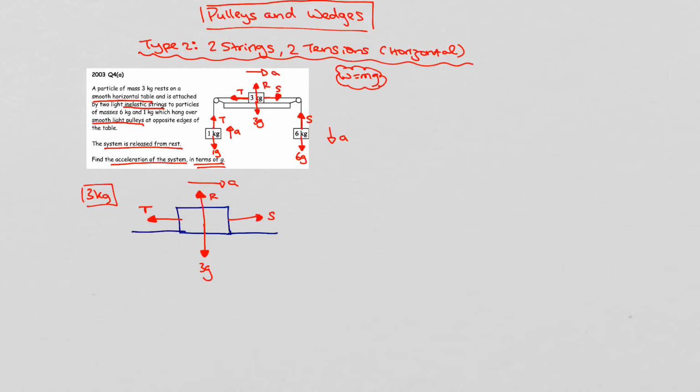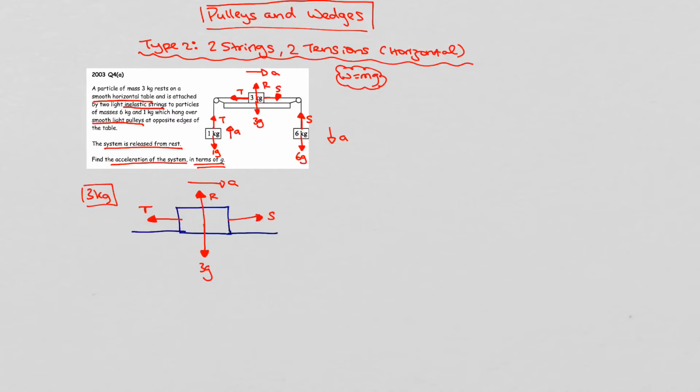Okay, so what we want to look at here then are our net forces. So I'm not interested in R being equal to 3g here because the block isn't lifting up or down because I don't have any friction. And the only reason I would write down R equals 3g is if I'm going to use it for F is equal to mu R. But because we've no friction here, I'm only interested in the horizontal motion.